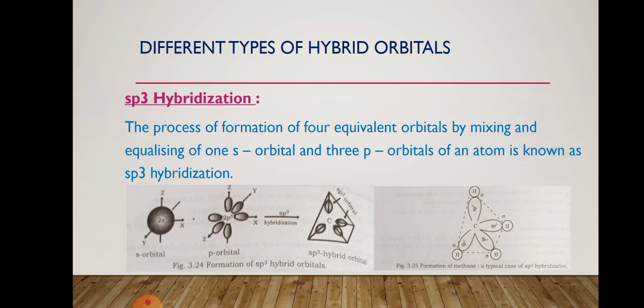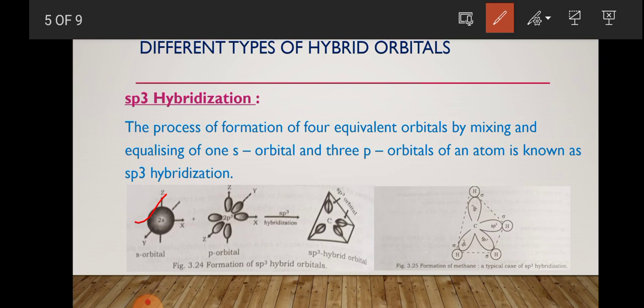Here, in this case, one electron of the 2s orbital enters into the 2pz orbital during the excited state of carbon. The 2s orbital and 3p orbitals, 3p orbitals means px, py, and pz, are combined together to form four identical and equal energetic sp3 orbitals.